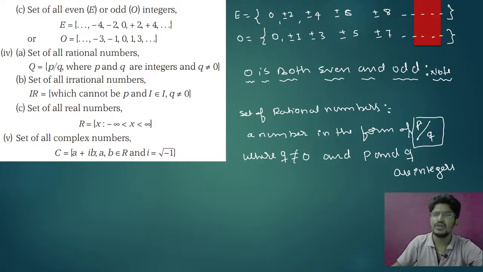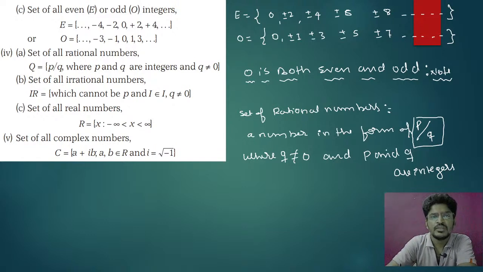You're getting my point? P and q both are integers and q is not equal to 0. So I think now you have understood what is rational. Rational means in the form of p by q where q is not equal to 0 and p and q are integers. Are you getting my point?